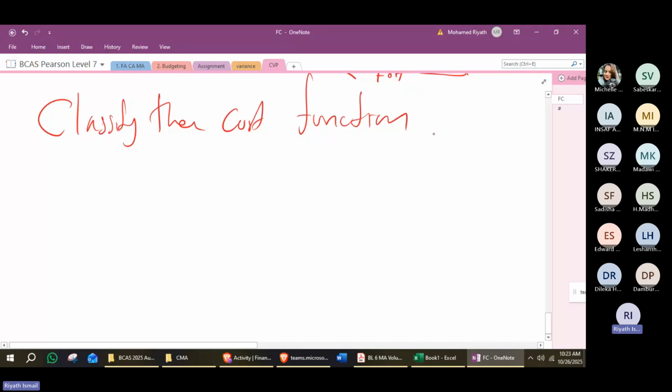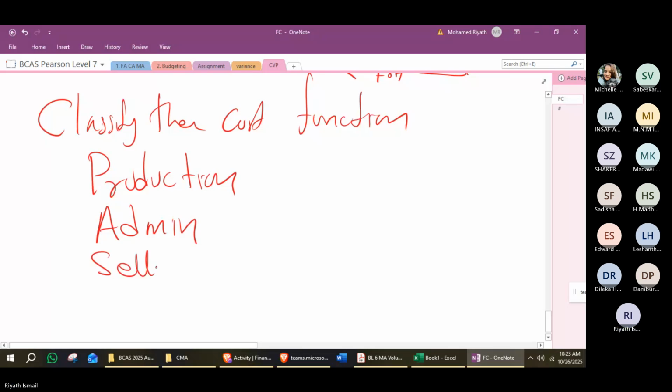Based on the function, meaning production function, admin function, selling and distribution, and finance, and the cost.